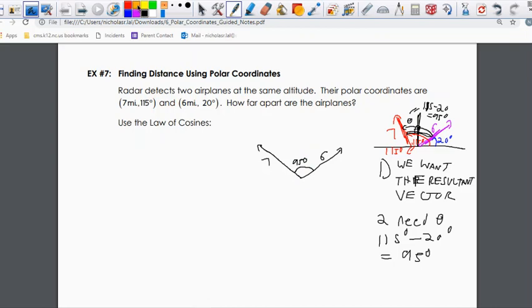The resultant goes from the beginning of the first to the end of the last. This is the distance between the airplanes. So let's call this distance x.